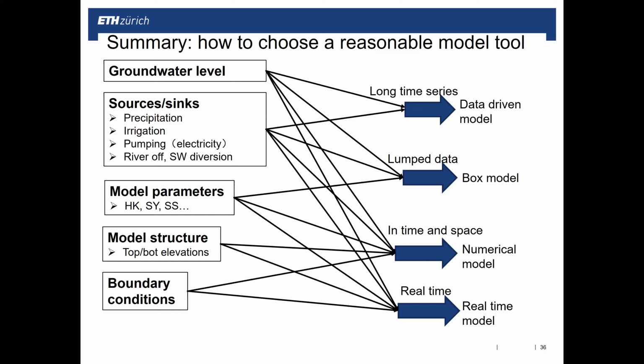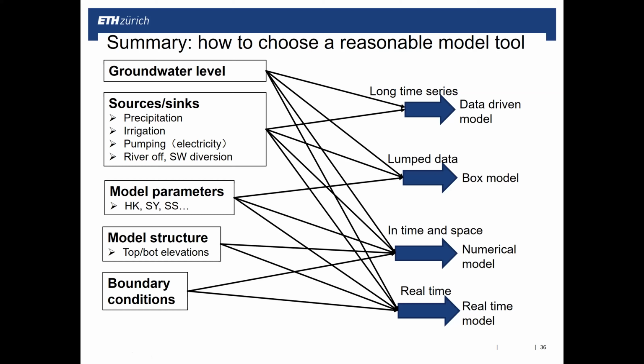Maybe you have already collected more data about the model parameters and have a bit more information about the local aquifers. Then you can apply the box model or the numerical models. When you have more data, with more detail in time and space, you can try the numerical model to do the forecast. And if all the data is available online, then we recommend you run the real-time model, because it will give you results that consider all the different kinds of uncertainty.